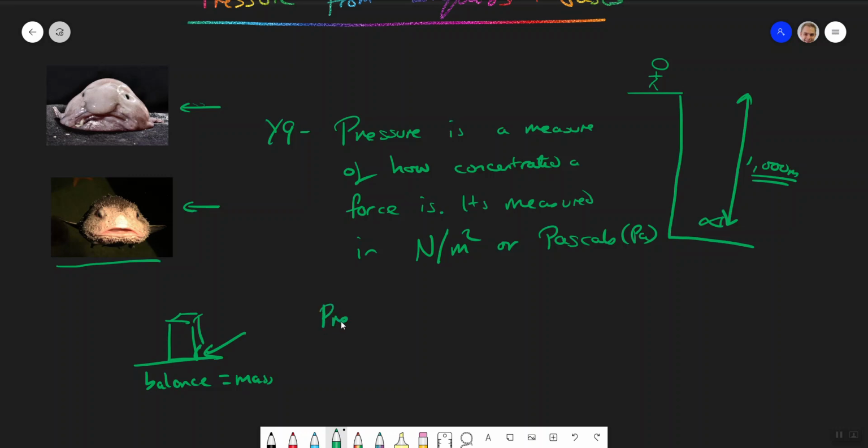So the pressure is equal to the weight of the object divided by the area of the base.